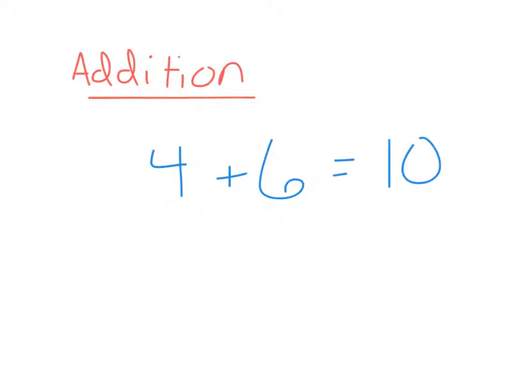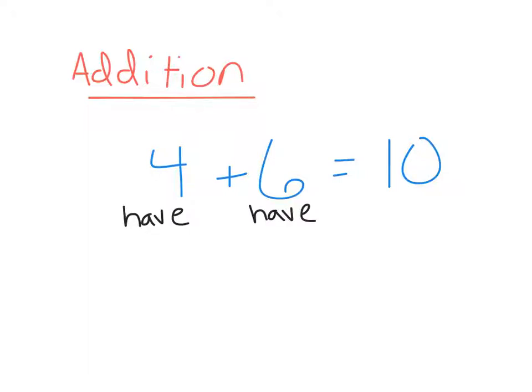Well, another way that we can look at this, because again, without that plus sign in front of it, that indicates that is positive 4, and this is indicated as positive 6, and our answer we noticed was positive 10. So that shows us that when we're adding two positives together, we ended up with a positive. So we just kept the sign. Another way that we can look at that, again thinking of what we owe and what we have, in both cases this is positive, so it's what I have.